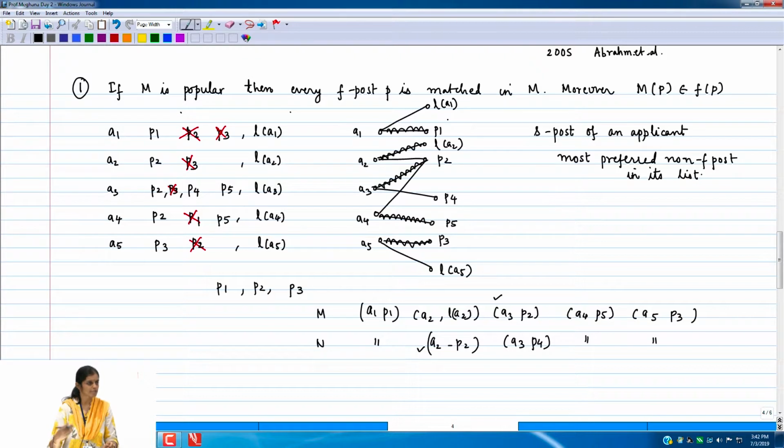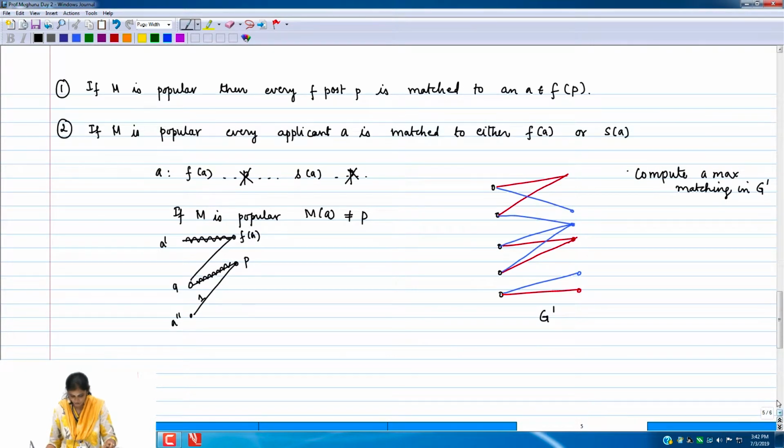There are some posts which will change their status, right? But you can ensure by this property that every F post is matched to an applicant belonging to F of P, and every applicant is matched to F of A or S of A, right? So we can compute such a matching.